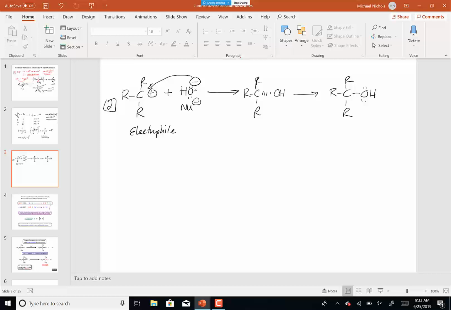And any charges in that transition state? Okay, so what partial charge goes on the carbon? And on the oxygen? A negative.